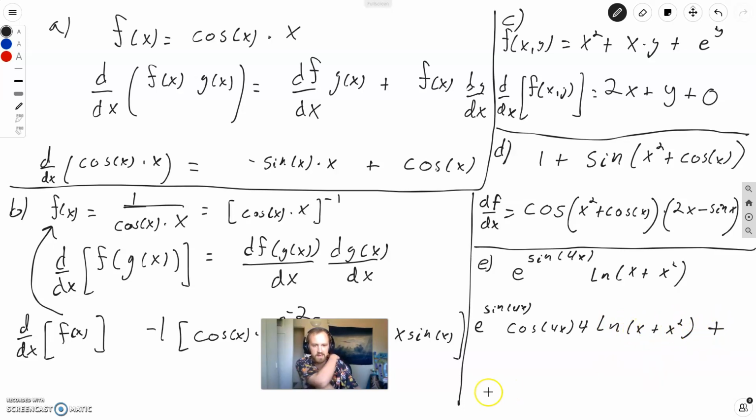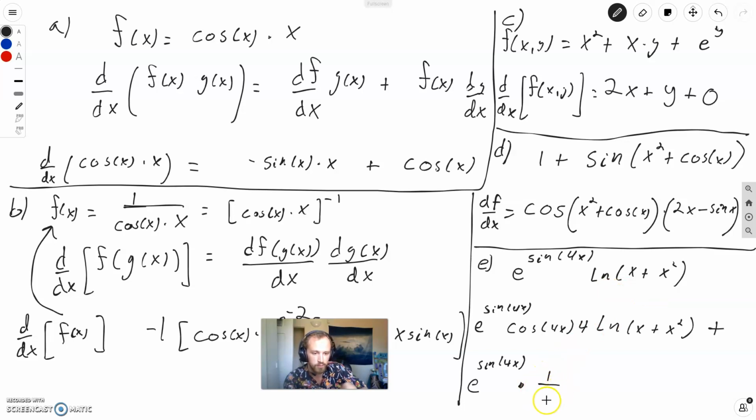And then this gets added to, leave the first term alone, multiplied by the derivative of the second term. The derivative of a natural log is 1 over the inside.